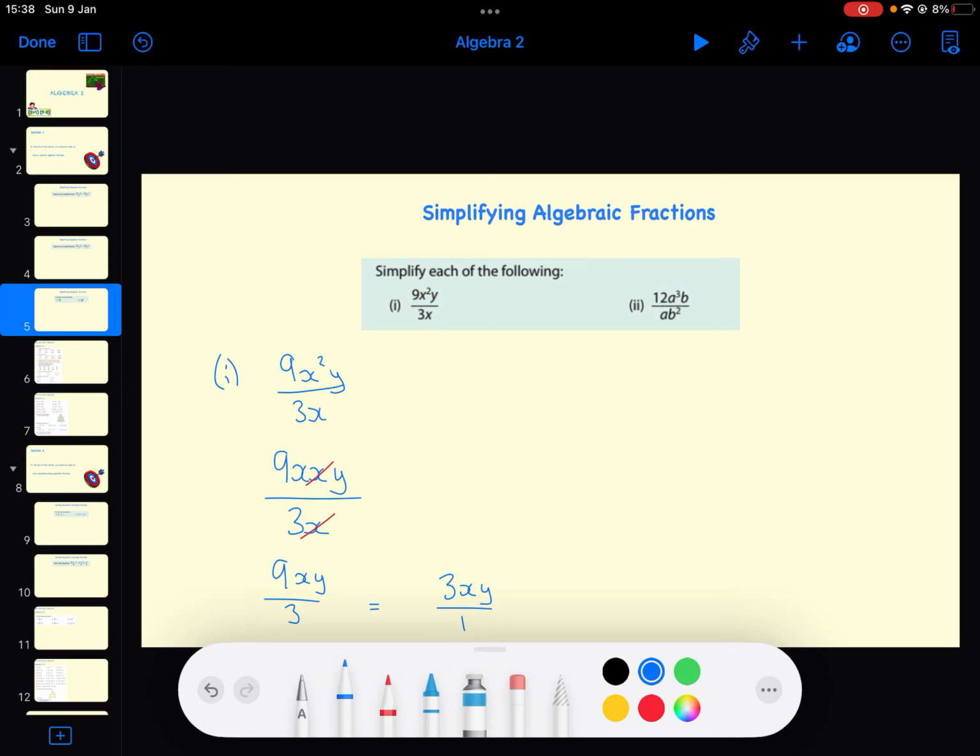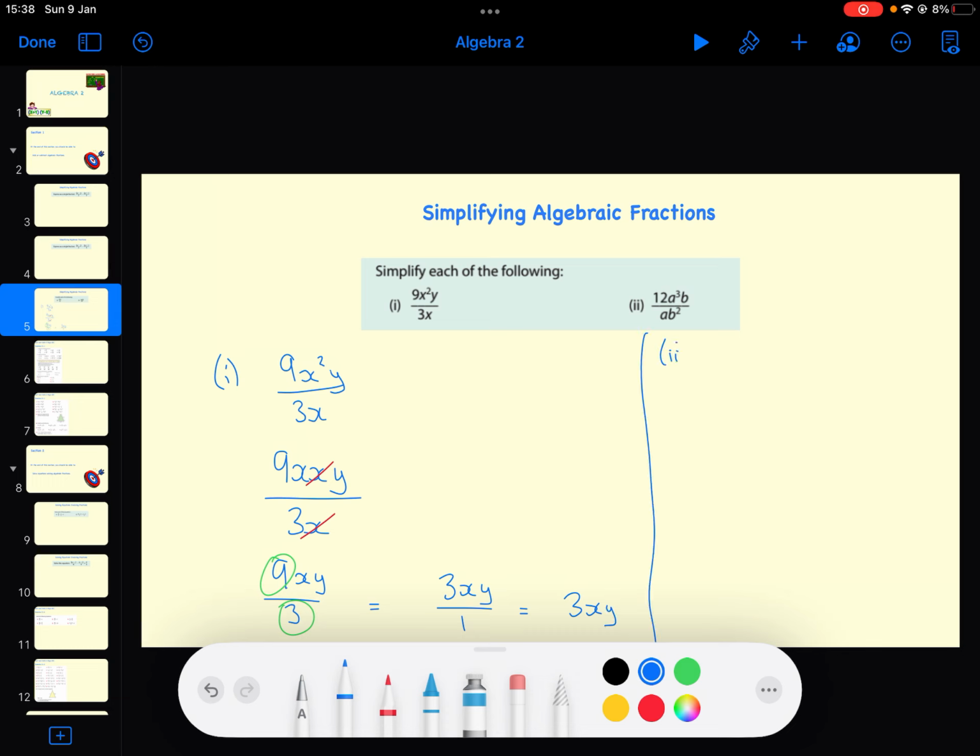Like in the last questions, if you can divide everything on the top and everything on the bottom by a certain number, go for it. 9 and 3 can both be divided by 3. So 9 divided by 3 is 3, and 3 divided by 3 is 1. And remember, if there's anything over 1 as a fraction, we can just forget about it. So that gives me 3xy.